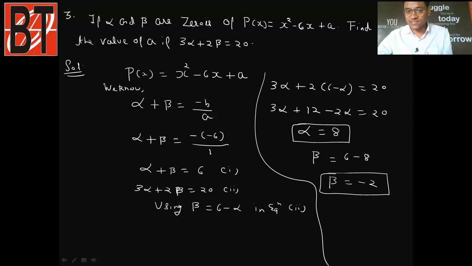Product of zeros, that is c, is my a, and the coefficient of x square is my 1, equal to alpha into beta, so it's going to be 8 into minus 2, that is minus 16.